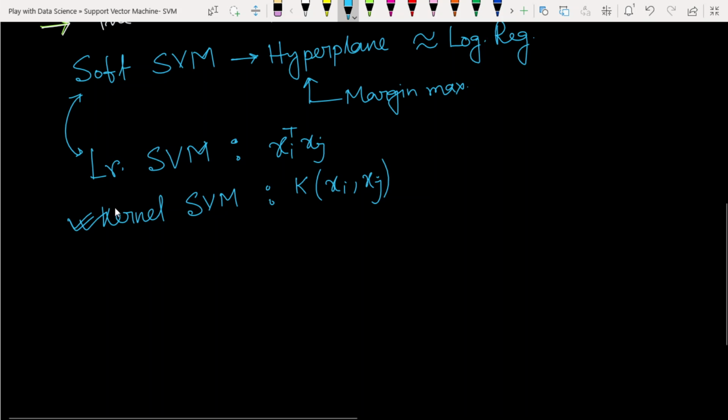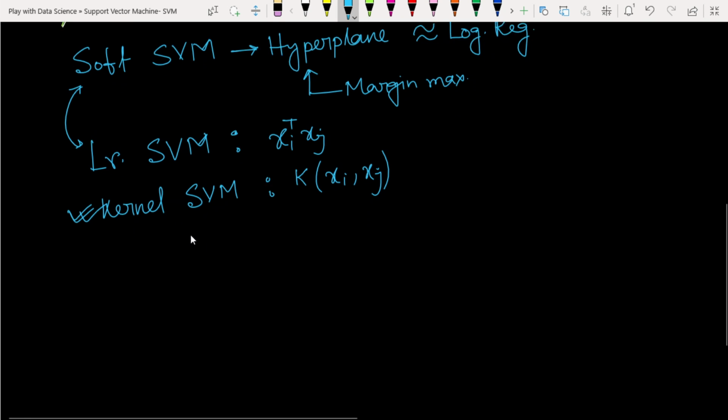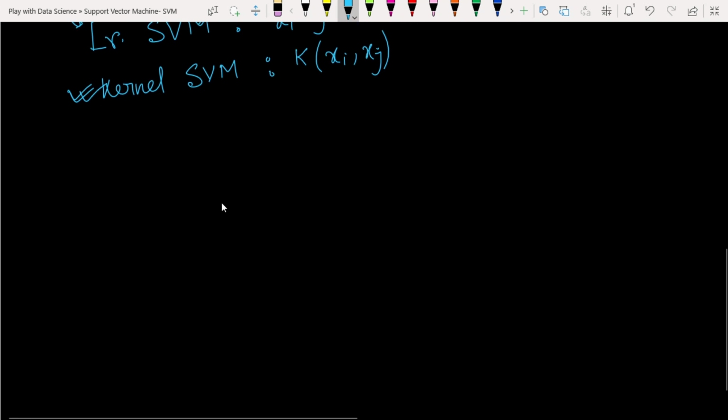Before going to the lectures of the kernel SVM, I am going to summarize this again. I am comparing linear SVM and logistic regression.